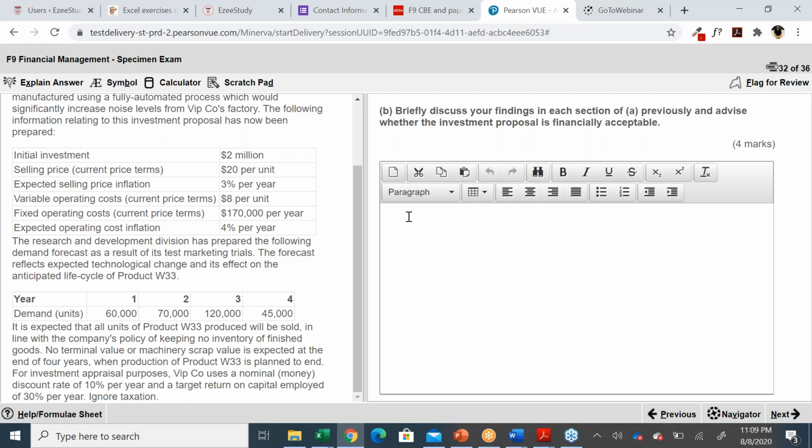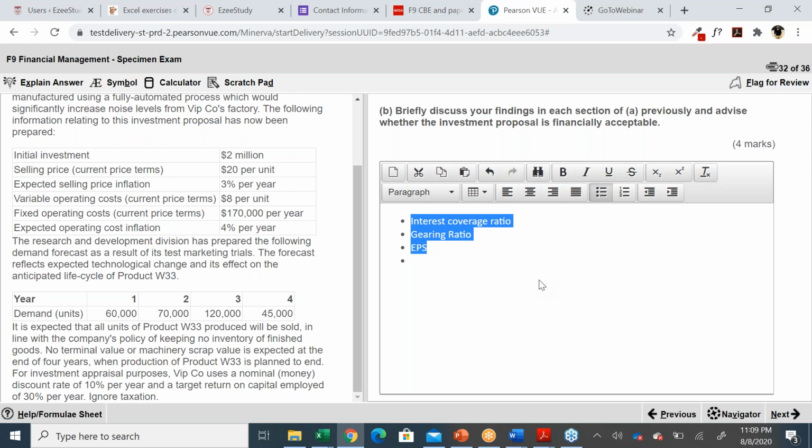Let's say in bullets, the first point is I need to discuss interest coverage. You may forget it later if you don't write it down. Interest coverage ratio, and then I will discuss the gearing ratio. Then I'll discuss the EPS as well. So just write the points that are coming to your mind that you think you should be discussing.